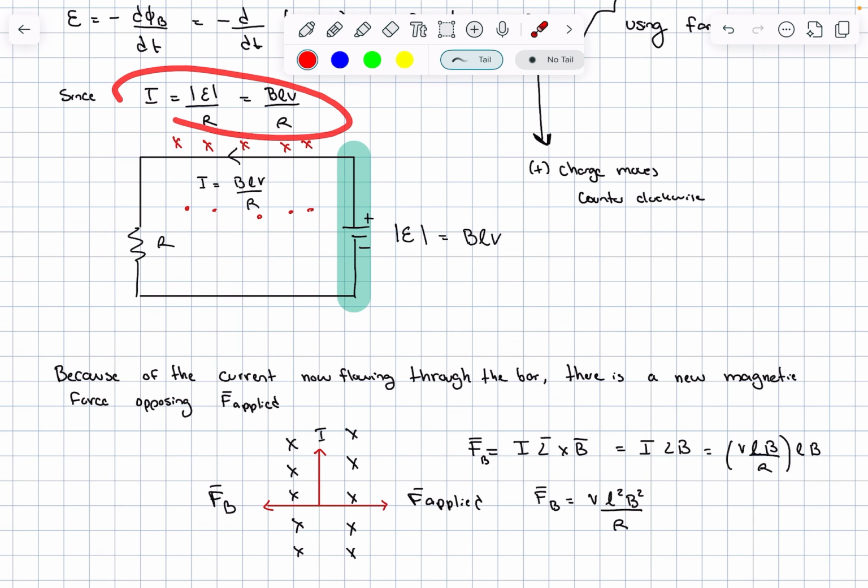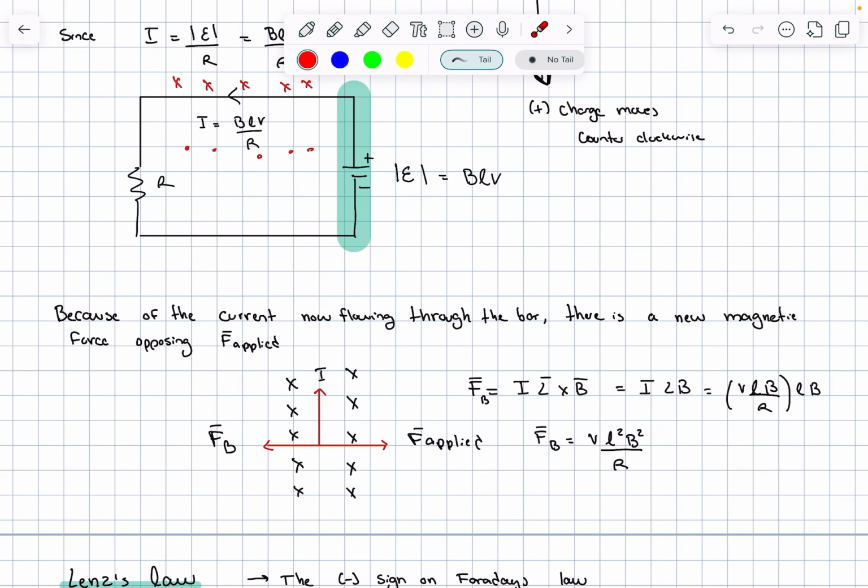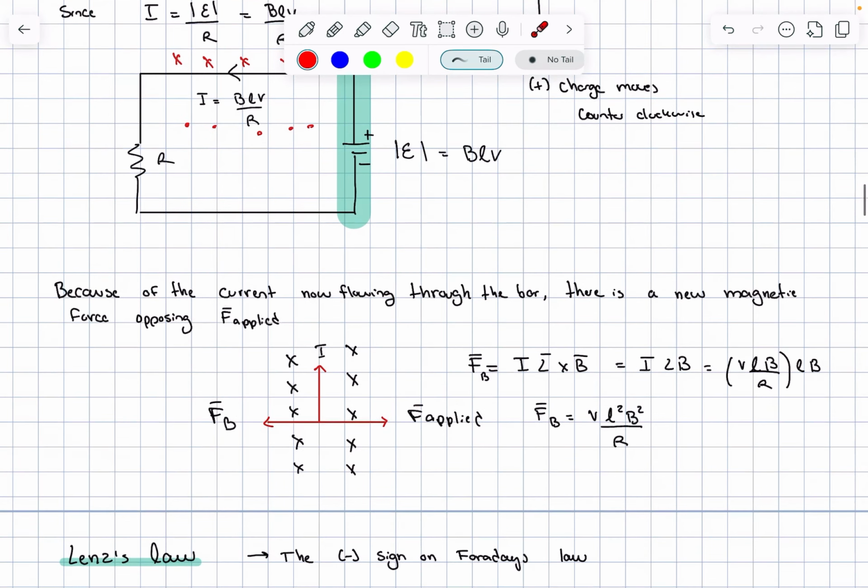So this is I, BLV over R, times L times B. So then F_B is equal to this, and it's going to be in this direction here if we use our right-hand rule again. So what we see is that we now have another magnetic force, sorry, that is opposing this applied force.